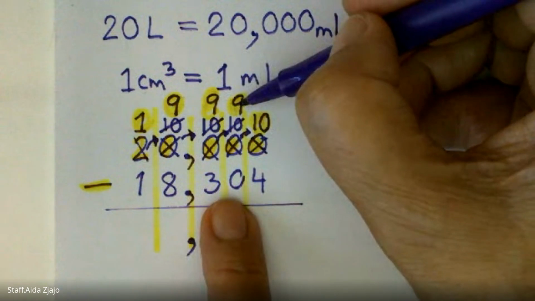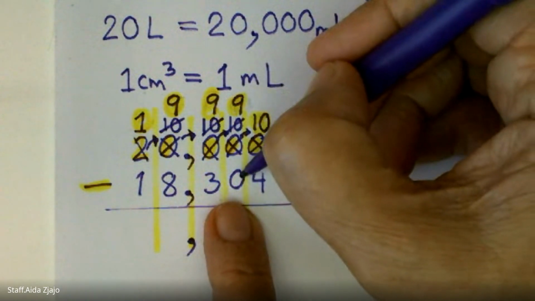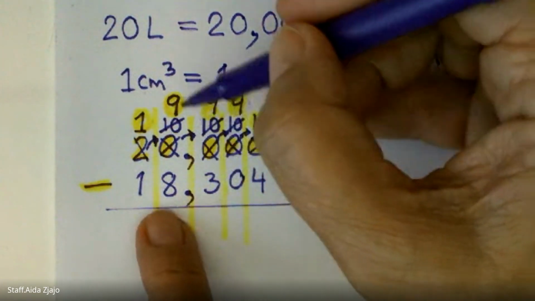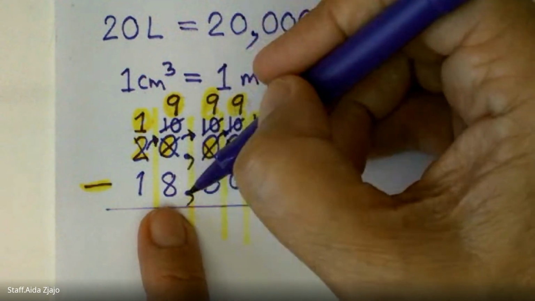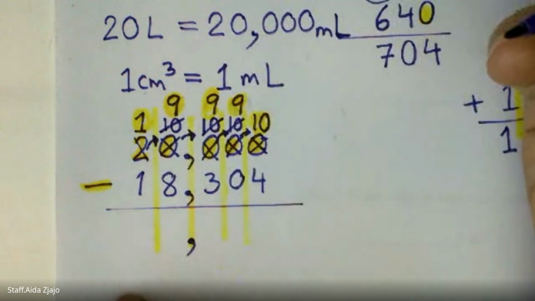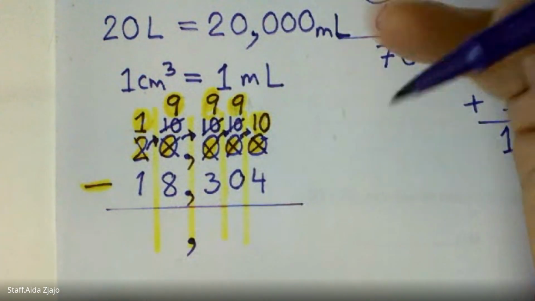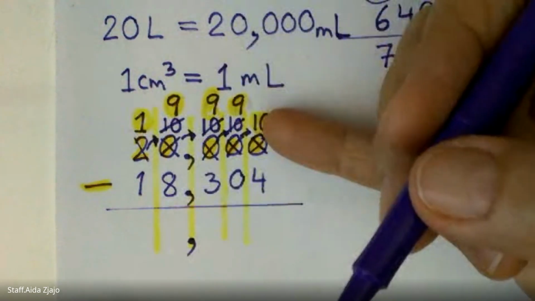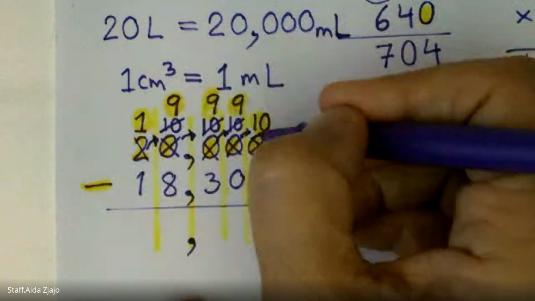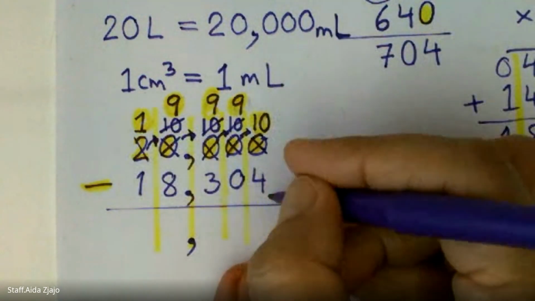I have 9 tens, I can give away 0. 900s, I can give away 3. 9,000, I can give away 8. And 10,000, I can give away 1,000. So when I regroup the number, I have enough of each value to subtract.